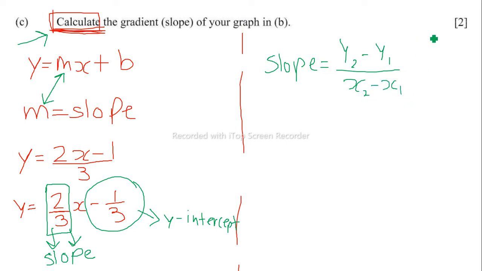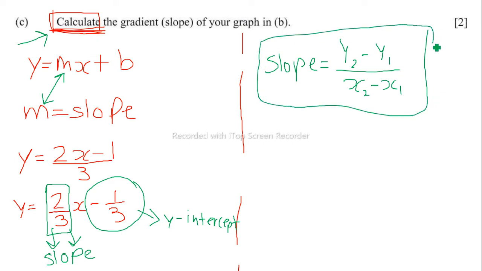Use that formula to find the slope. Remember, your answer is supposed to be 2 over 3.